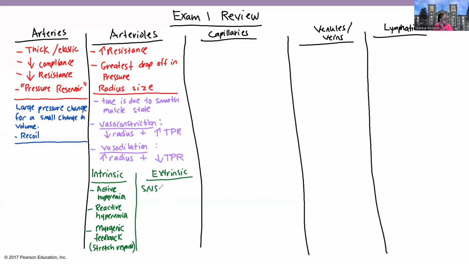So this is basically the sympathetic nervous system. And in terms of that, we said a few different things here, that norepinephrine binds to alpha receptors and brings about vasoconstriction. However, when we have epinephrine, epinephrine can bind to beta receptors as well as alpha receptors, but this is where we talk about that dose-dependent relationship.